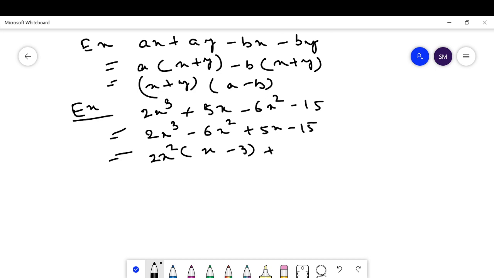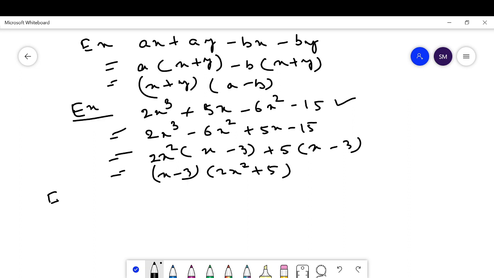Then in these two terms, you take common 5, here only x, and here minus 15, you take common 5. When minus 15 is divided by 5, then only 3 is there. Then in these two terms, x minus 3 is common. Taking common, here x minus 3 into 2x square plus 5. This is the factorization of these given algebraic expressions.